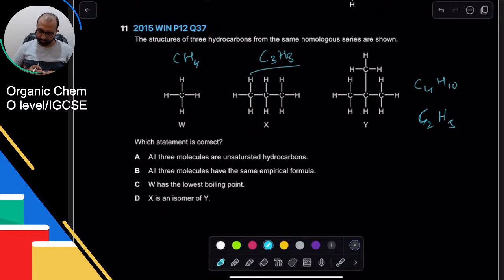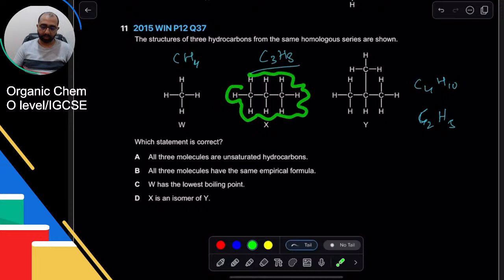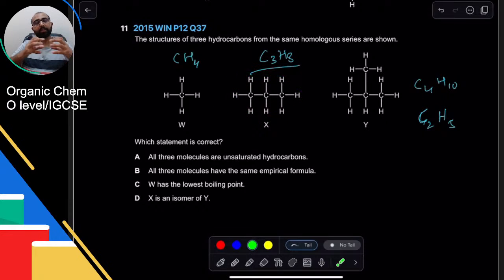W has the lowest boiling point. W will have the lowest boiling point. Why? Because it has the smallest or least strong intermolecular forces of all of them. How do we know? We know this way: the more surface area something has, or the more extended the molecule is, the higher its boiling point.